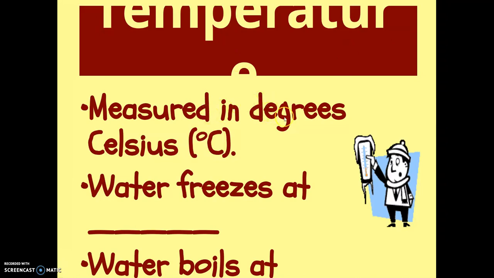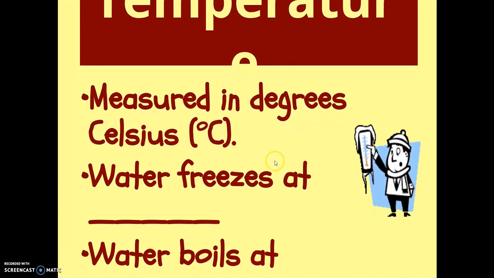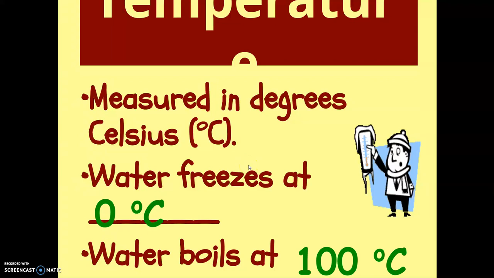But temperature is measured in degrees Celsius, and it's based on the boiling and freezing point of water. And so water freezes at 0 degrees Celsius, and it boils at 100 degrees Celsius. We're used to Fahrenheit. There also is Kelvin, but in science they mainly use Celsius, based on the freezing point and the boiling point of water.